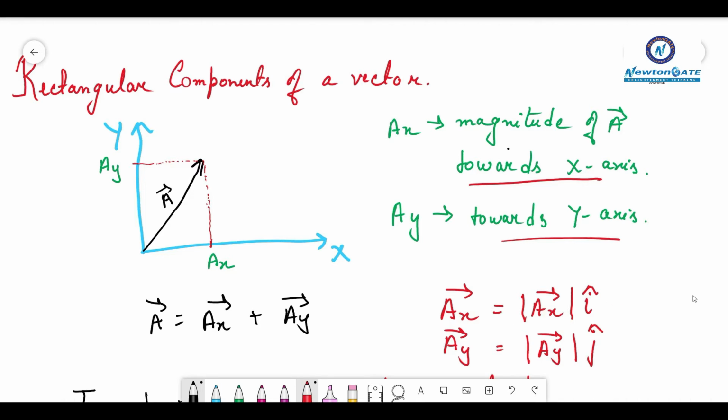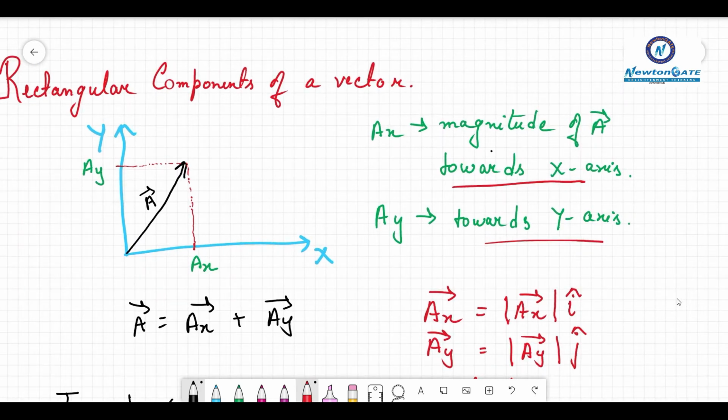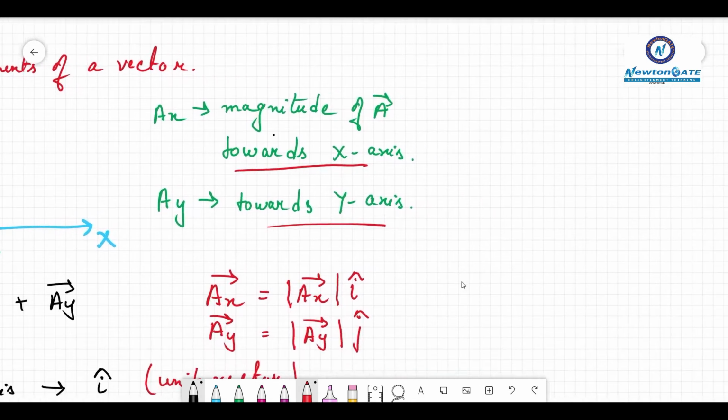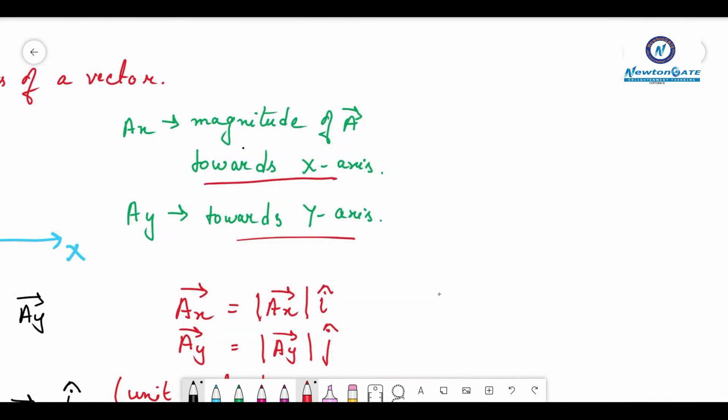Now let us see how we can write a vector in this form. Vector A, I can write as ax i cap plus ay j cap. Here ax and ay are the magnitude values, and i and j give us the direction towards the x and y axis.